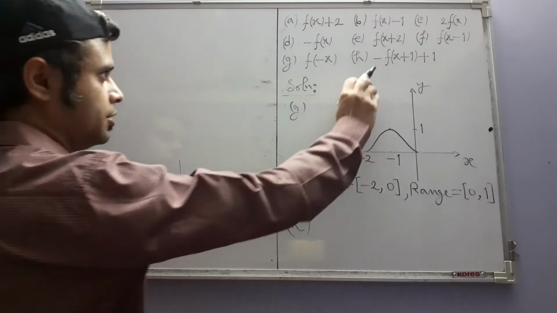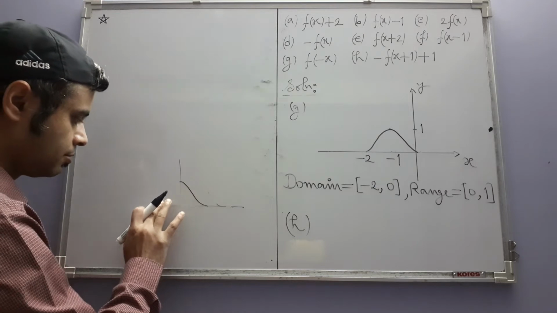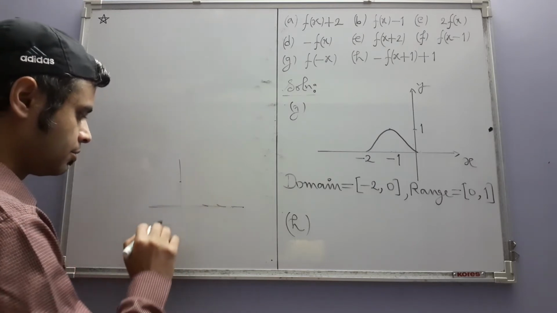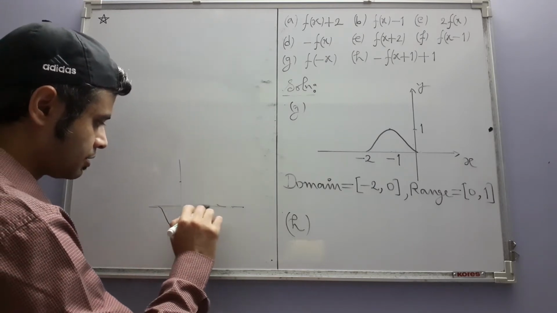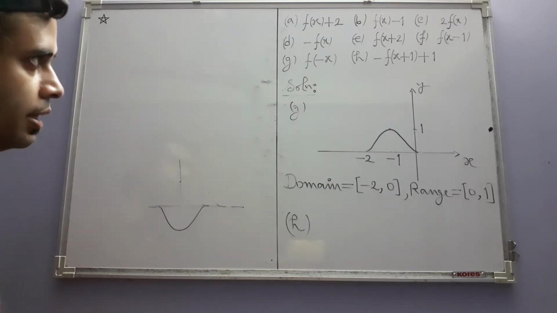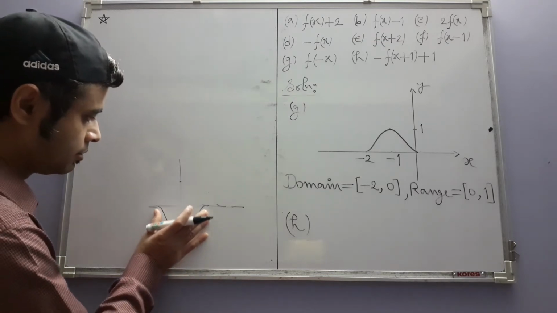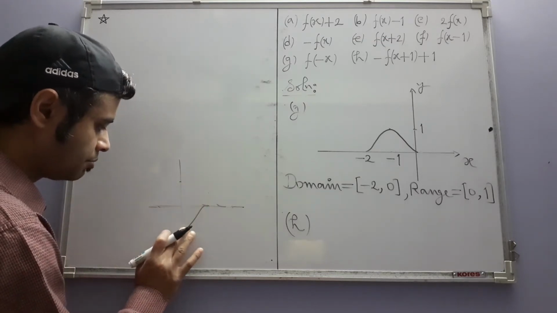Then you take the negatives of all the y values, that amounts to considering the reflection of this graph on the x-axis, and then you add 1 to that reflection, so that moves the graph up by 1 unit.